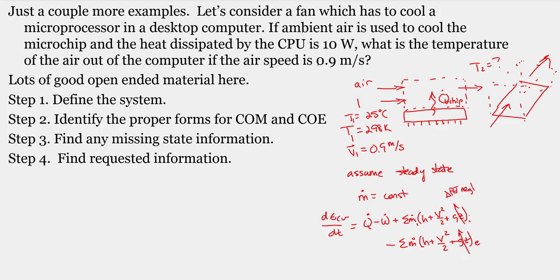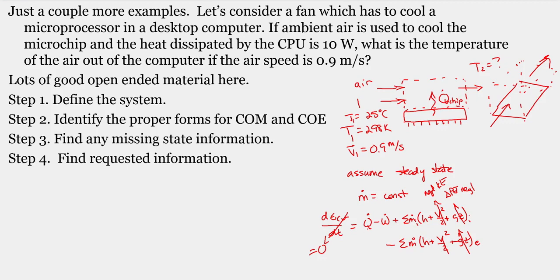The air speeds we're talking about here are small, so you might expect the kinetic energy effects are going to be small. Again, it's steady, just like in the conservation of mass, so we better have that simplified.